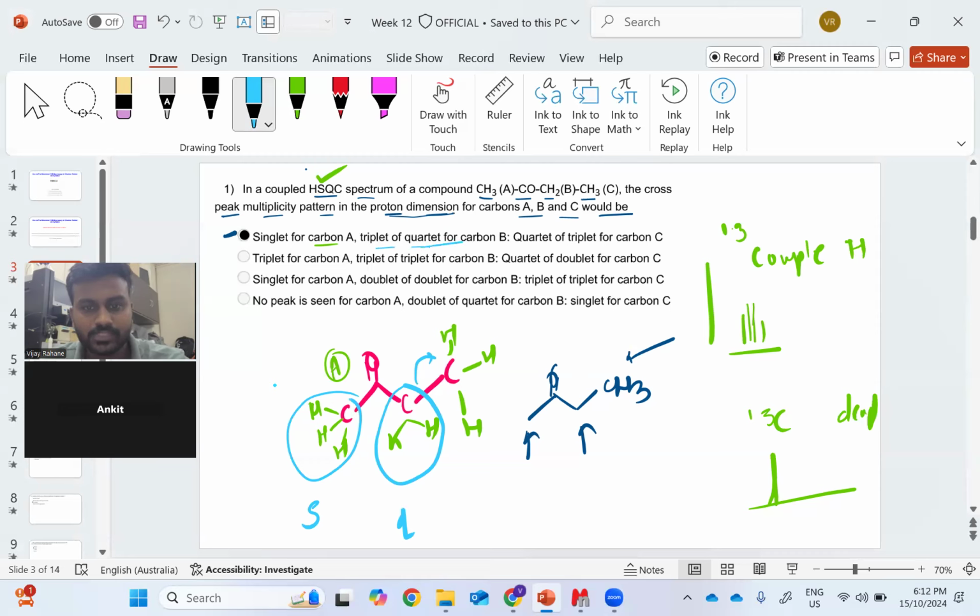So this carbon will show the split of quadrate. I think they have also taken into consideration the splitting due to the directly attached nuclei as well in this case.